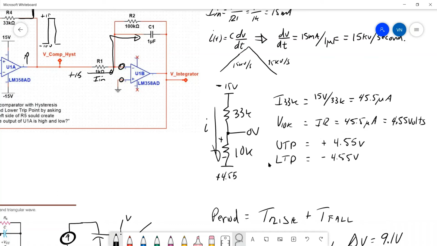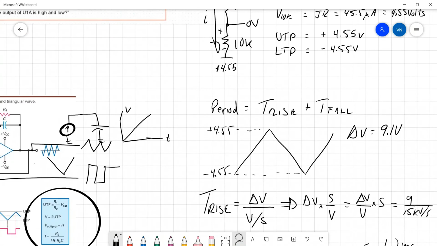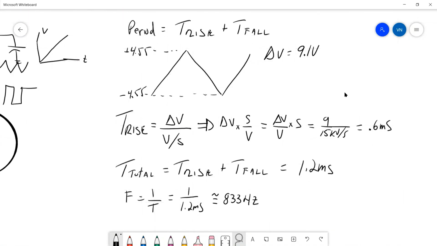So now we've calculated the upper and lower trip point. So what's going to happen is the output from the integrator will rise up to 4.55 volts, and it will trip the comparator, and then it will drop down to minus 4.55 volts.